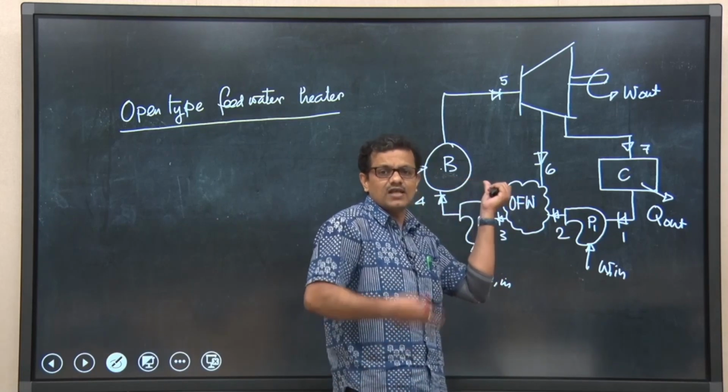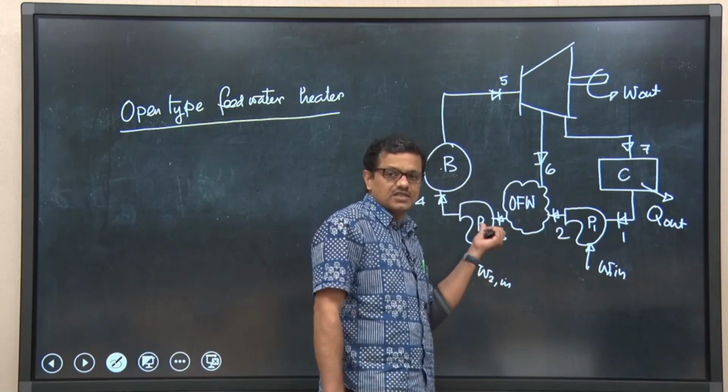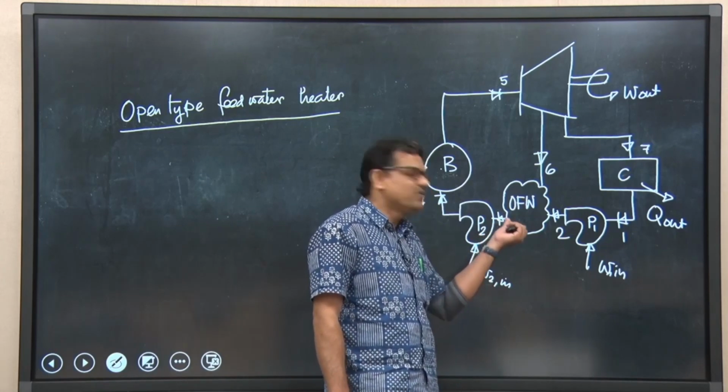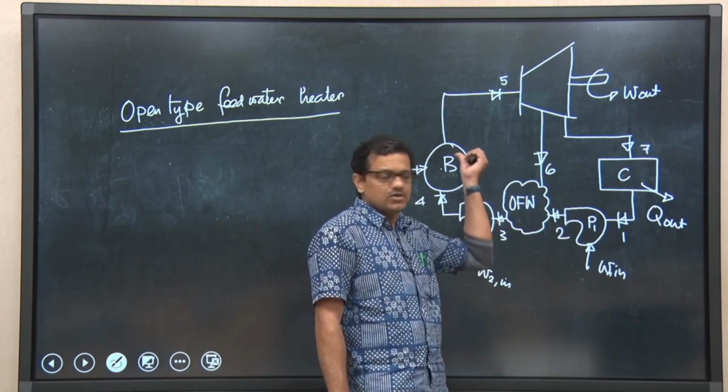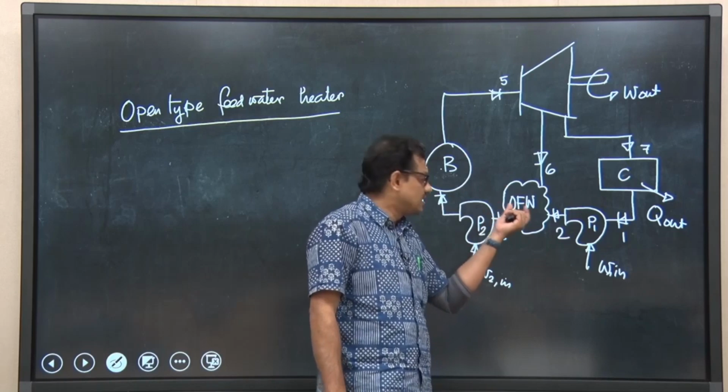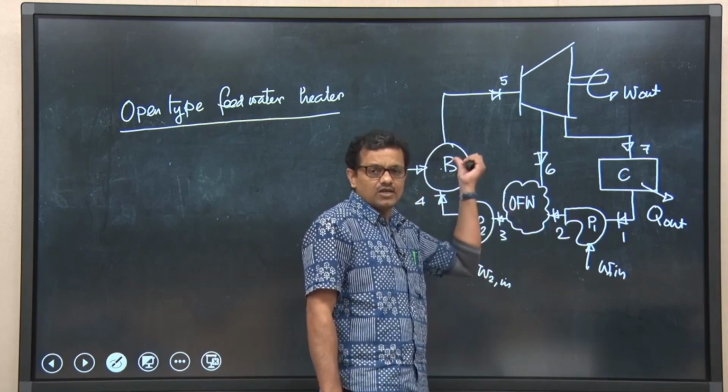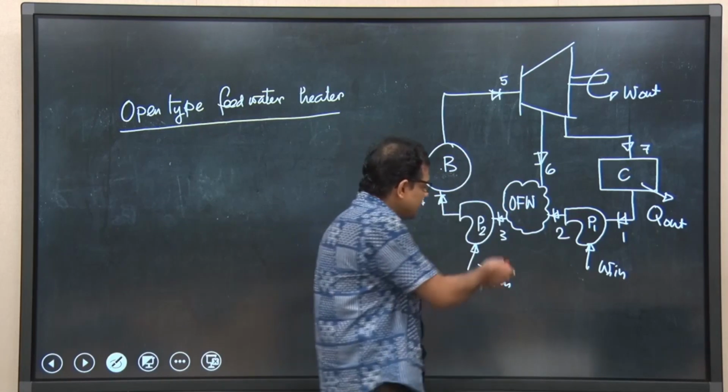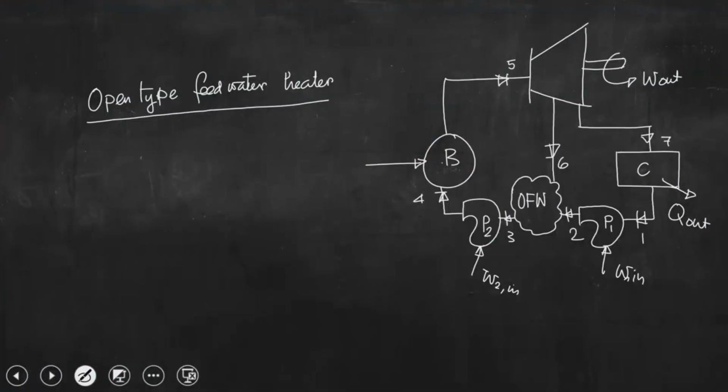So, we need to develop pressure, that is why the second pump is there. And if we need to pump this mixture back to the boiler to complete the cycle, then the thermodynamic state at point 3 should again be saturated liquid.